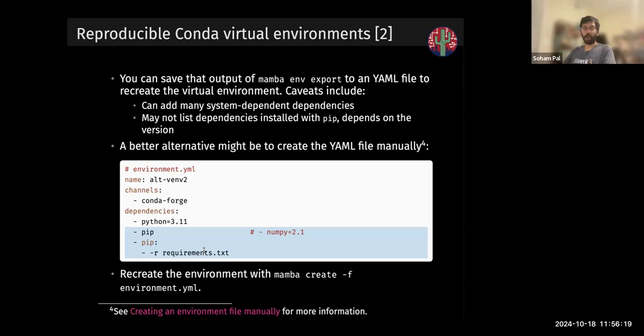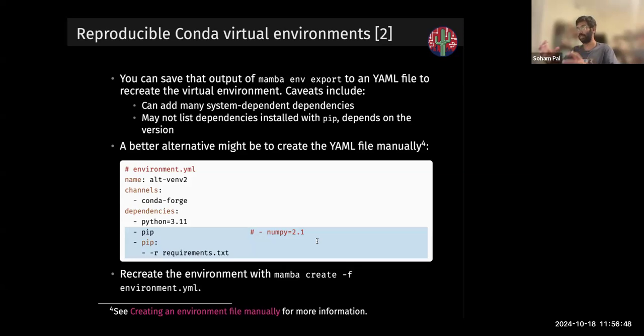But there is an option that I could just take this thing out and replace that with numpy equal to 2.1, because Mamba can install numpy directly. It does not need pip to do that.